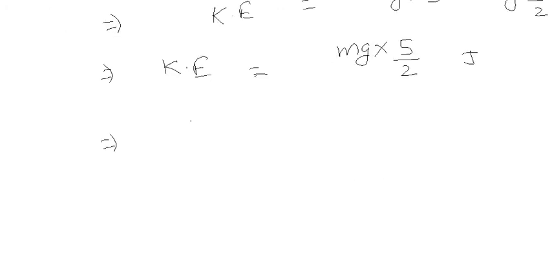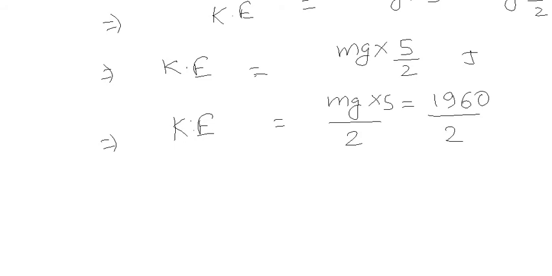And we know that mg into 5 is nothing but 1960. So kinetic energy at that position will be 980 joule.